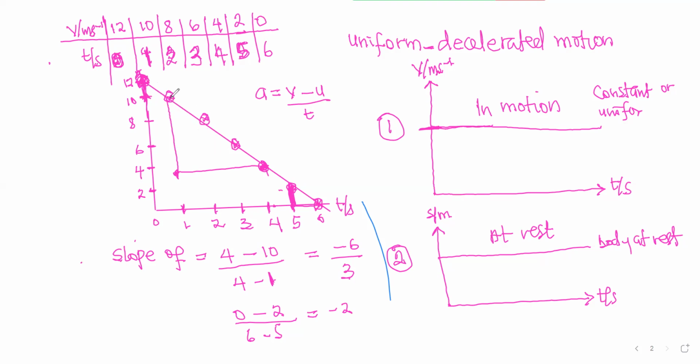If we pick these two points, we started from a higher value, 10, and then it decreased to 4 within a 3 seconds time interval. So the final velocity is 4, then the initial velocity is 10. So 4 minus 10 divided by time of 4 minus 1. Are you okay? Yes, sir. All right. Thank you. Welcome.